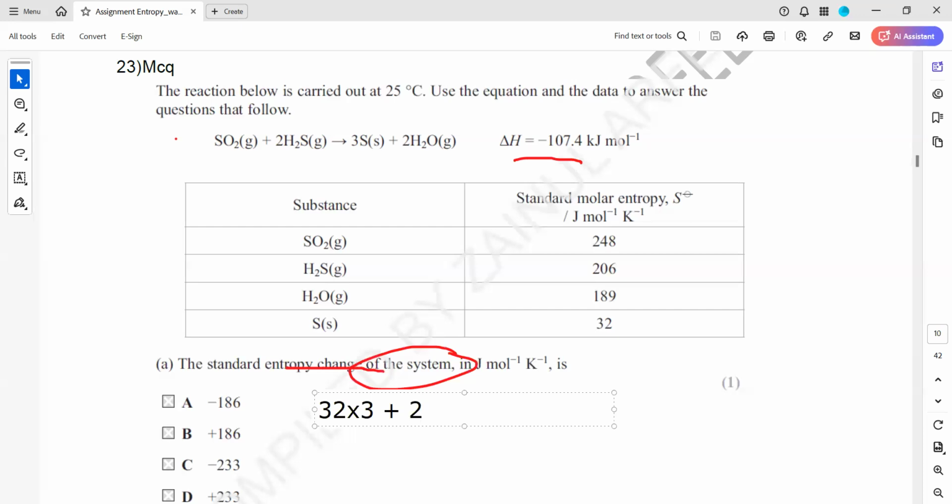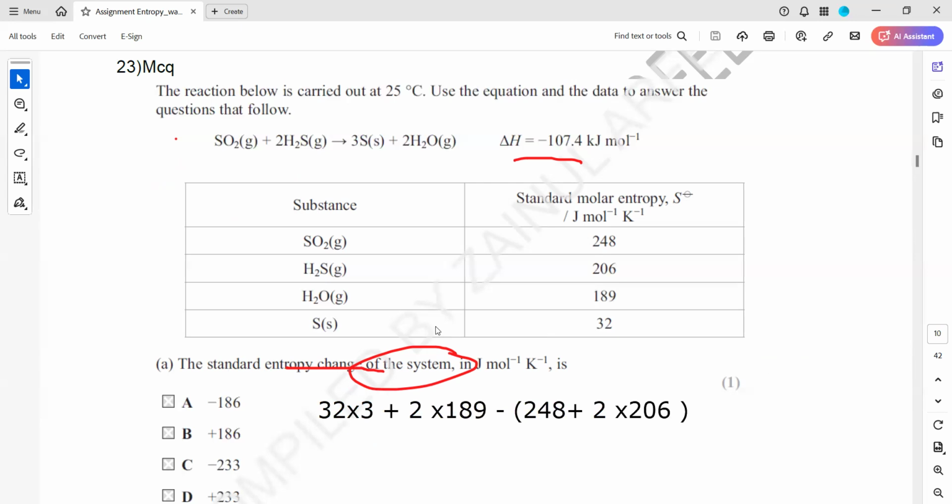So 2 times 189, minus the sulfur dioxide, which is 248, plus hydrogen sulfide, which is 206, but there are 2 moles. So 2 multiplied by 206. Just substitute the values.